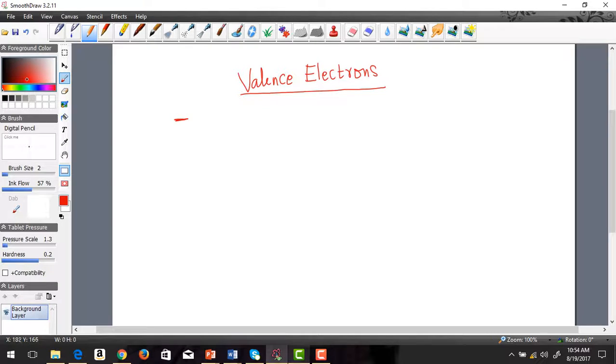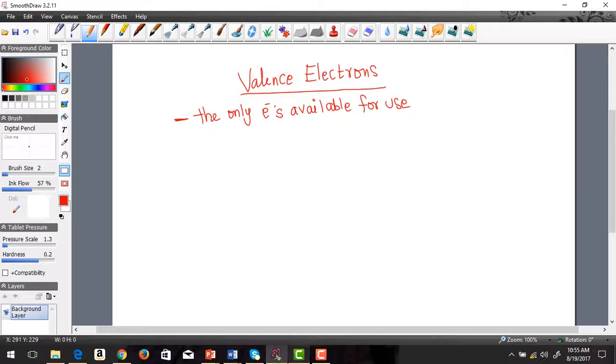Valence electrons are the only electrons available for use. Now what that use is, we're going to talk about it. Available for use. That means electrons typically can be lost or gained.